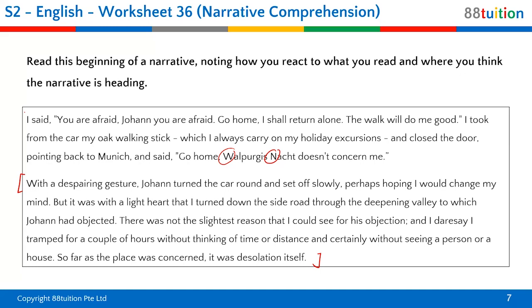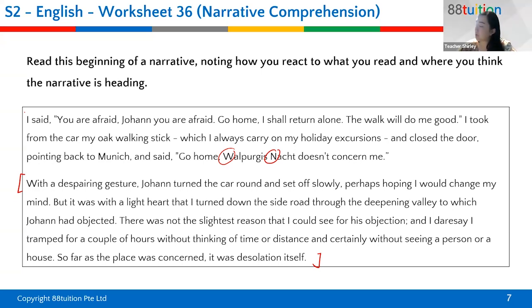There was not the slightest reason that I could see for his objection, and I dare say I tramped for a couple of hours without thinking of time or distance, and certainly without seeing a person or a house. So far as the place was concerned, it was desolation itself.